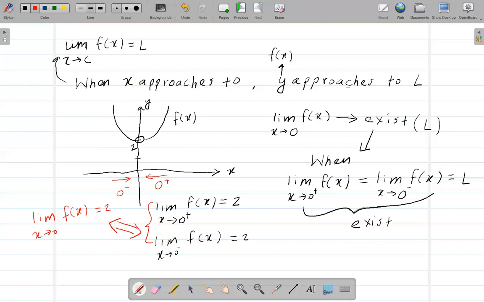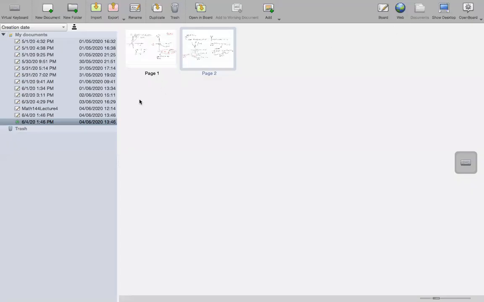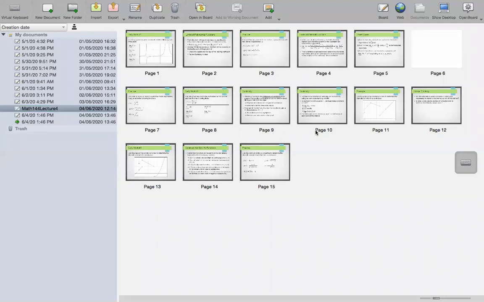Okay. So let me import something from here. Let's see. Okay, right here.